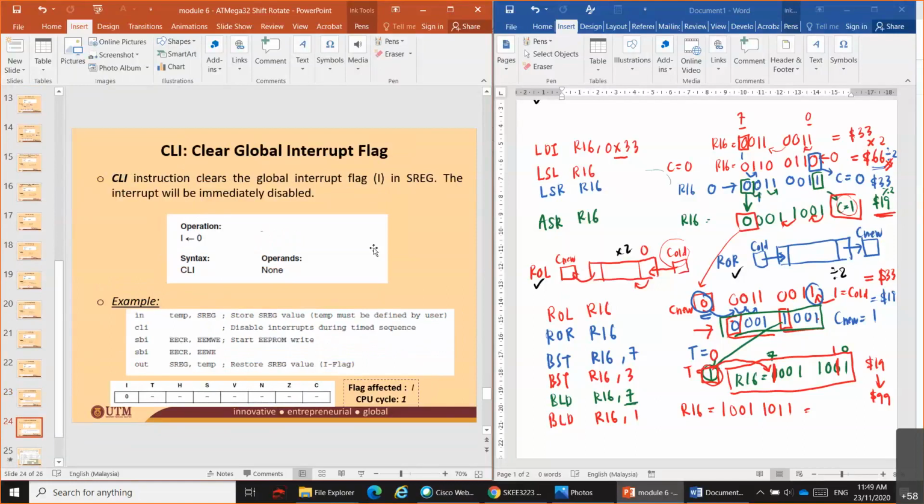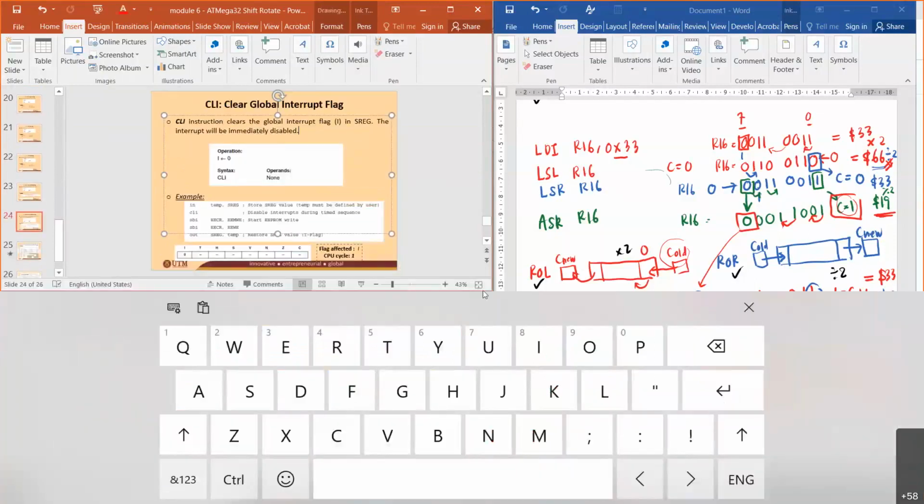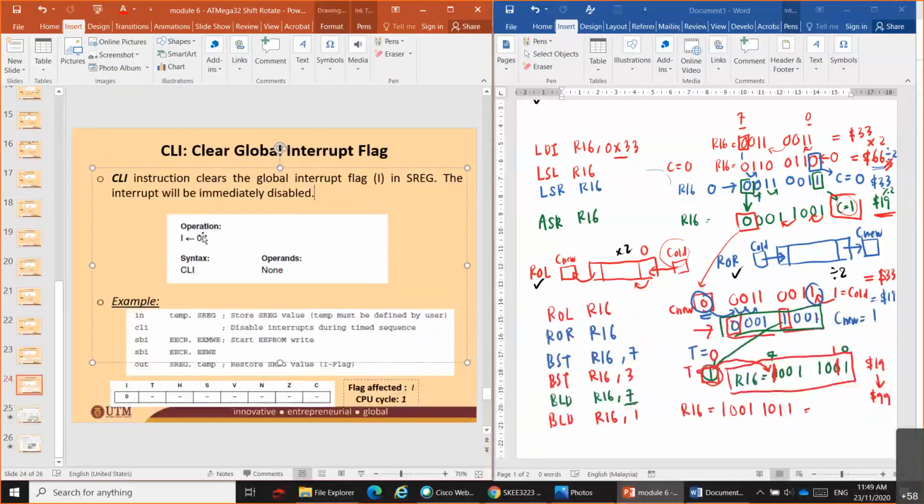This instruction clears the global interrupt flag inside your status register. You put 0 to your I flag, so your I flag is now equal to 0.